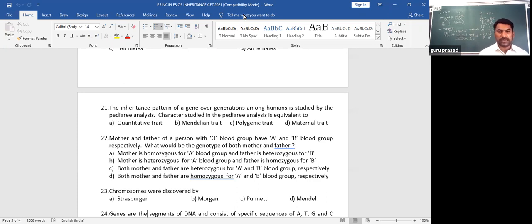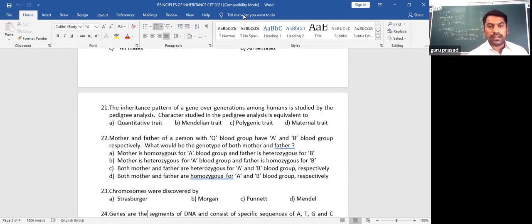Hope you got the answer. Mother is heterozygous for A blood group and father is heterozygous for B, and that is the answer. Mother is heterozygous for A blood group and father is homozygous B: not possible, the possibility is only A and B. Both mother and father are heterozygous for A and B blood group respectively.